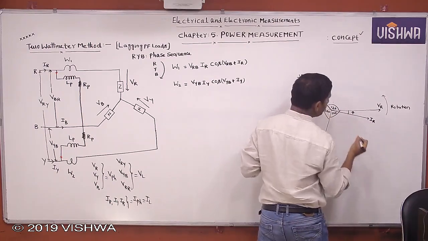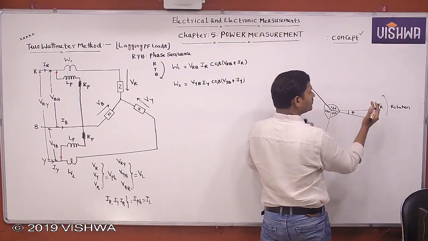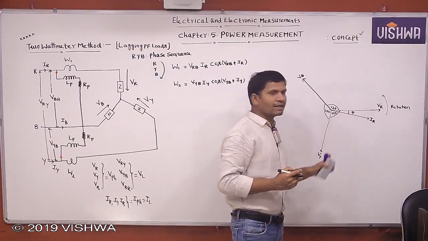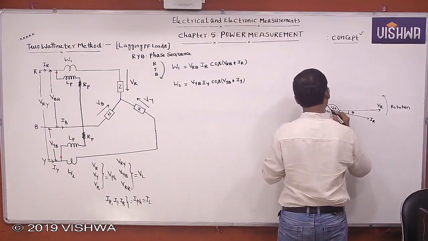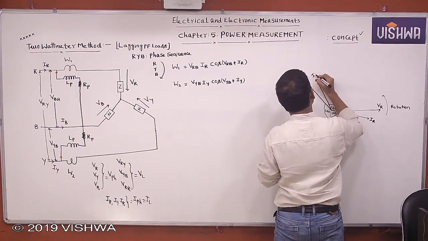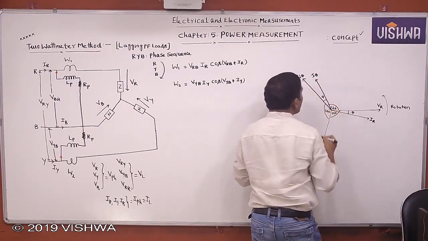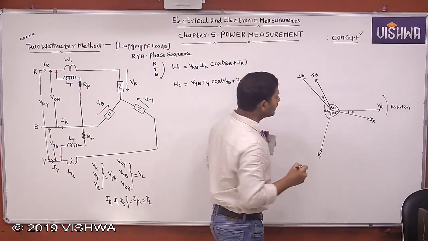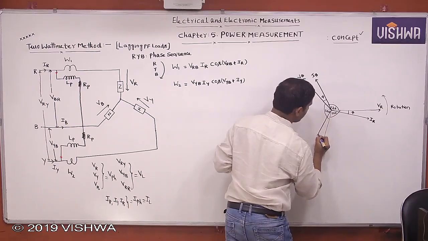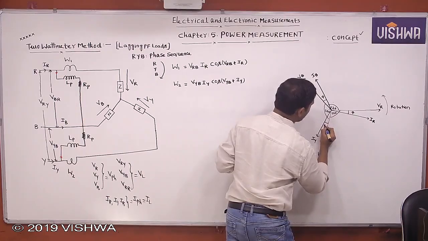I told already, vector rotation is anti-clockwise: first voltage, next current. That's why current lags the voltage by angle of phi. Then this is IB, current lags the voltage by angle of phi. And this is IY, current lags the voltage by angle of phi.